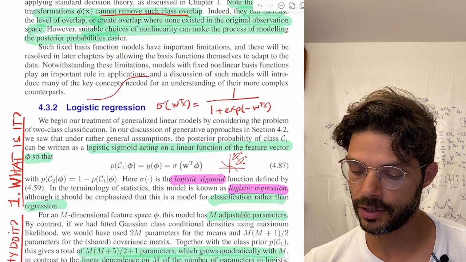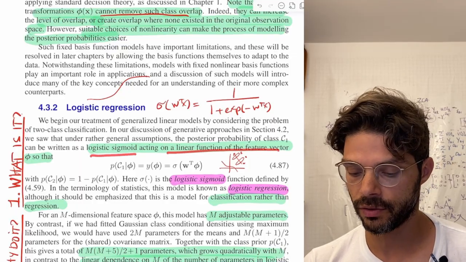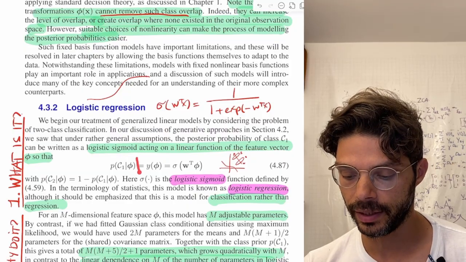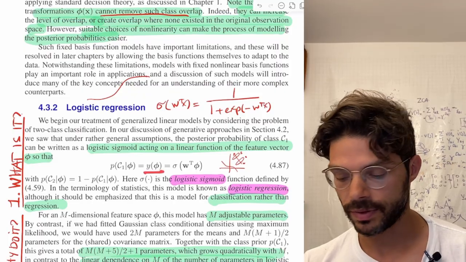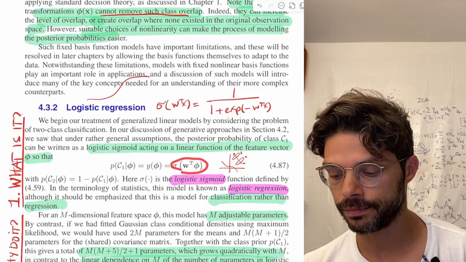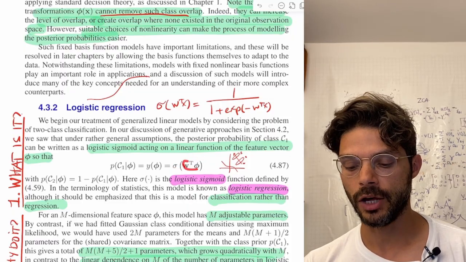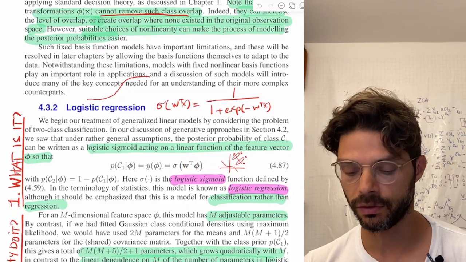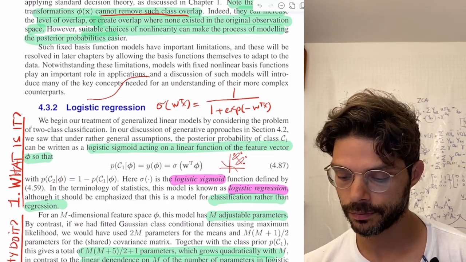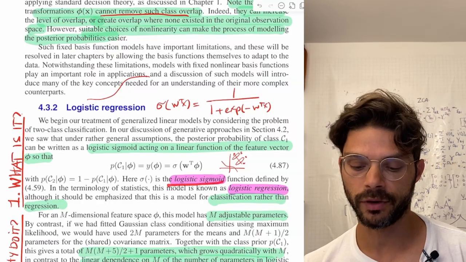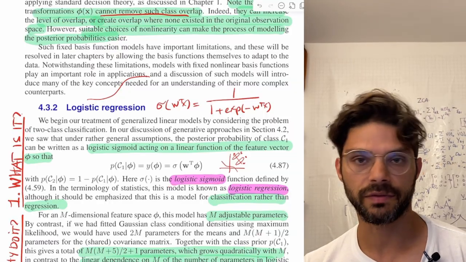And it can be written as a logistic sigmoid acting on a linear function of the feature phi, so that the posterior probability of a class is some sigmoid function of a linear combination of the features. And since we've only got two classes, the probability of the other class is just 1 minus the probability of this class. So sigma is the logistic sigmoid function, which I just defined for you.